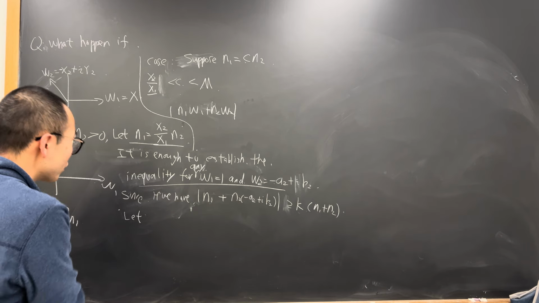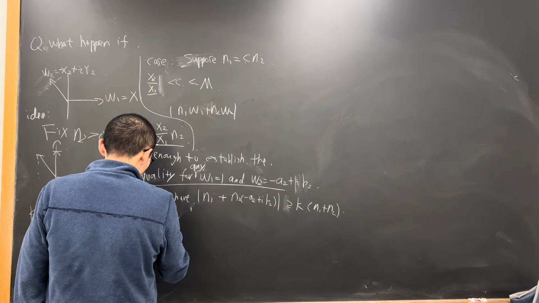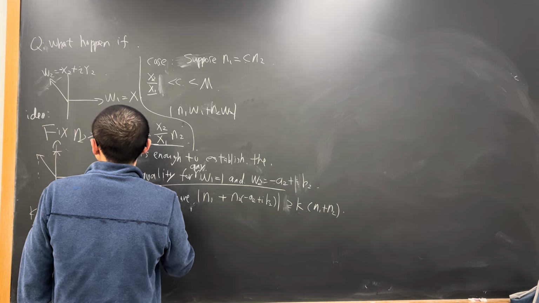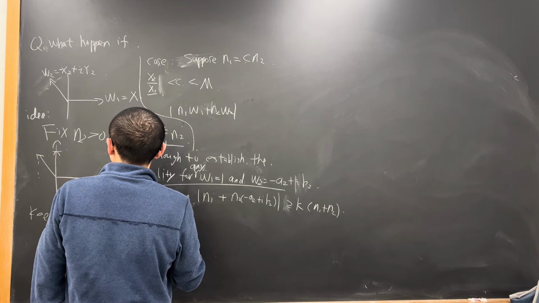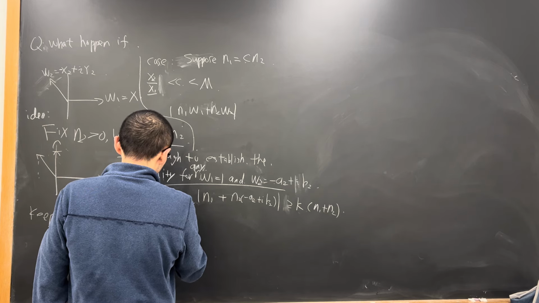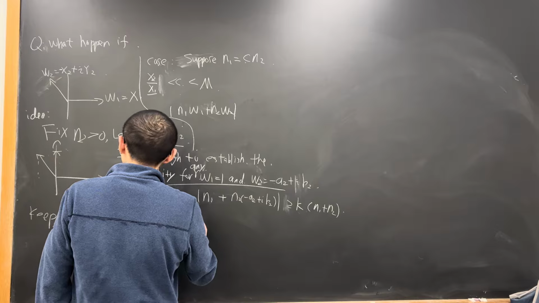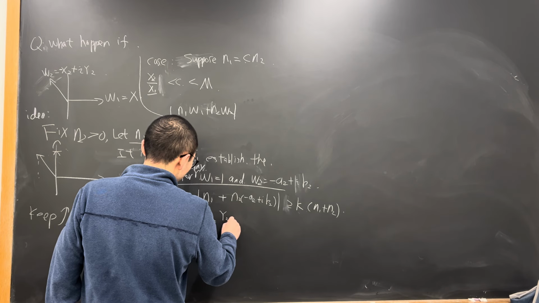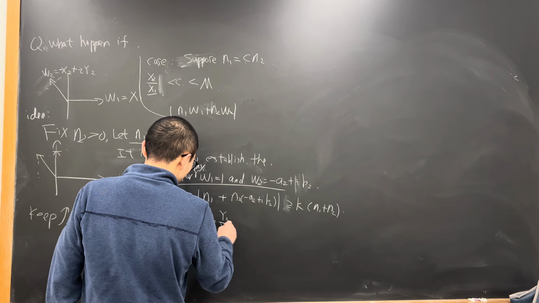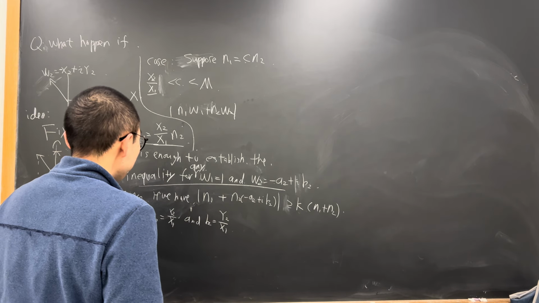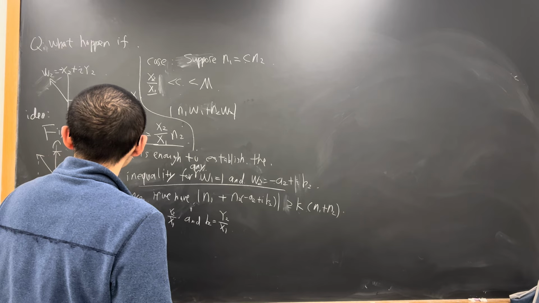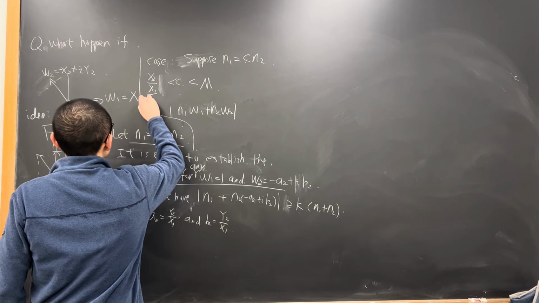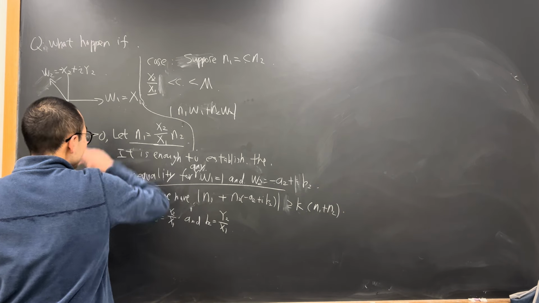So then you let this A2 be x2 over x1, and you let b2 be equal to y2 over x1. So this is the general case.